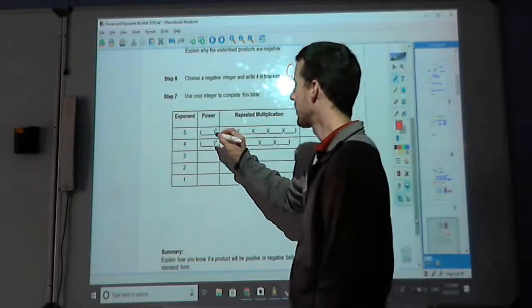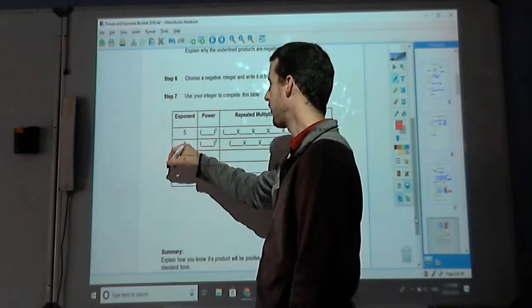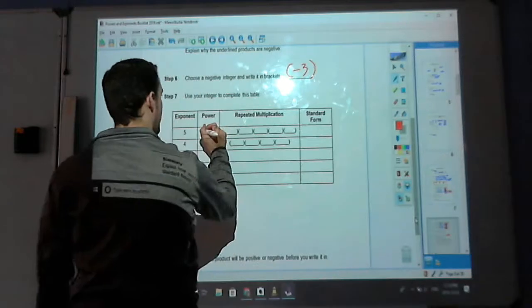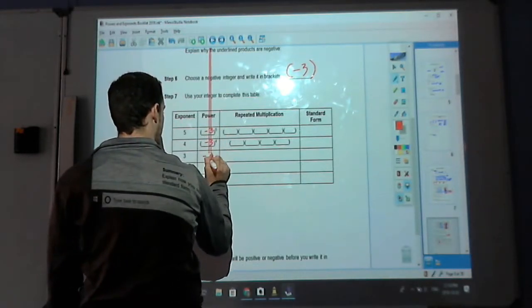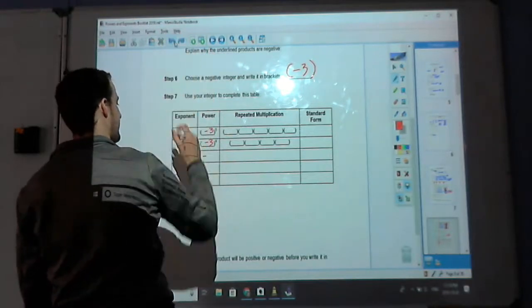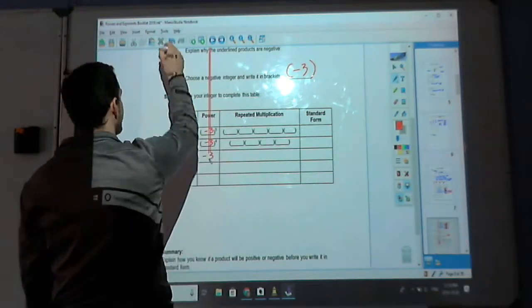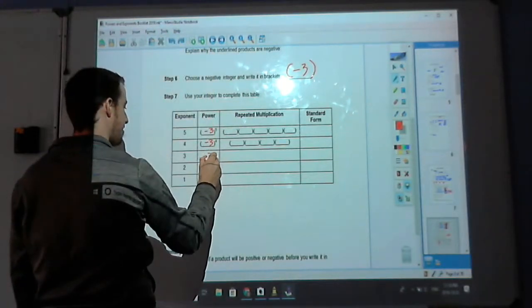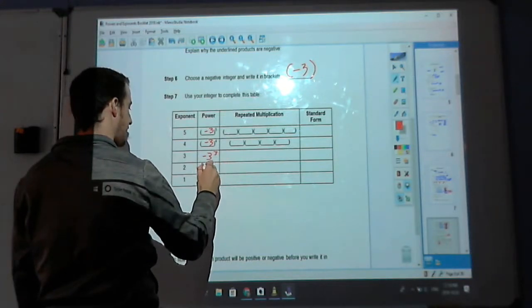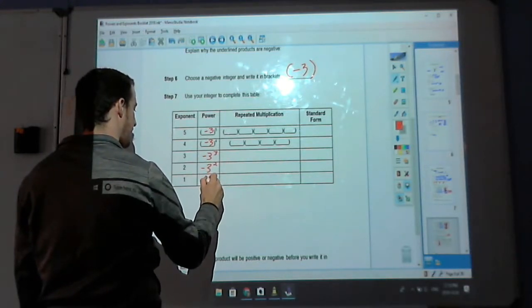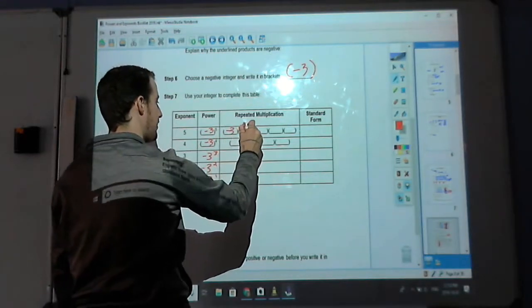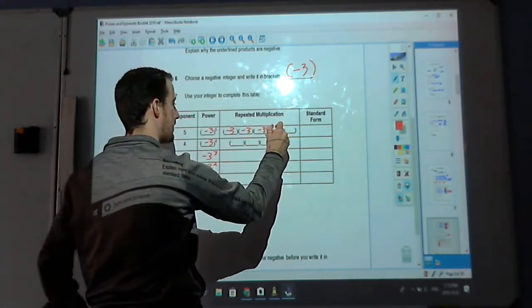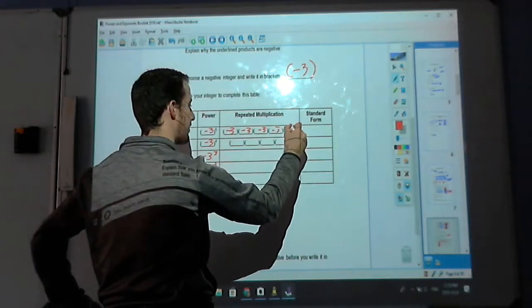So here, we're going to do exponents of 5, 4, 3, 2, 1, and see how it changes. Here we have negative 3 to the power of 5, negative 3 to the power of 4, negative 3 to the power of 3, negative 3 to the power of 2, negative 3 to the power of 1. So negative 3 times negative 3 times negative 3 times negative 3 times negative 3.